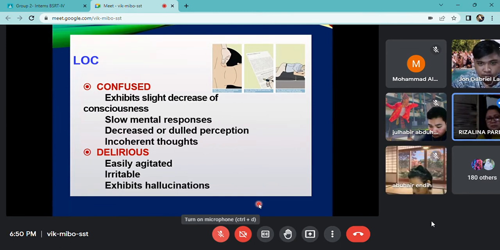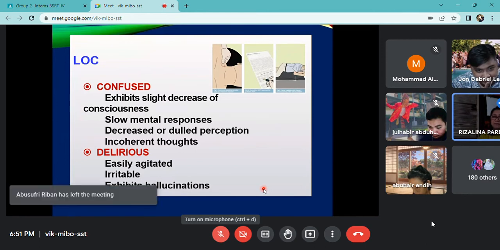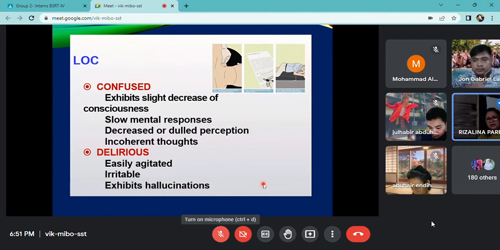We are still in the objective, after the S, we are at the O. For level of consciousness monitoring and assessment, we look at whether the patient will exhibit slight decrease of consciousness, slow mental responses when we interview or ask questions, decreased or dulled perception, or incoherent thoughts. So we should talk to them and instruct them to assess whether the patient is cooperative or confused.